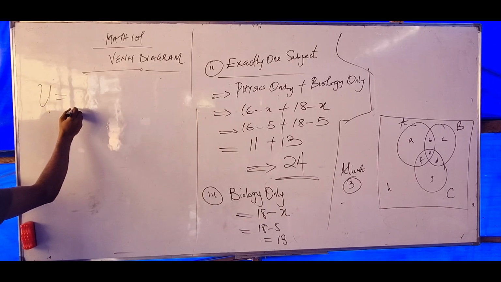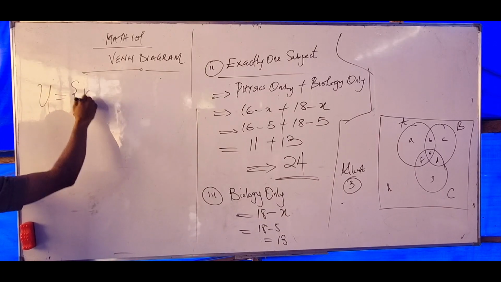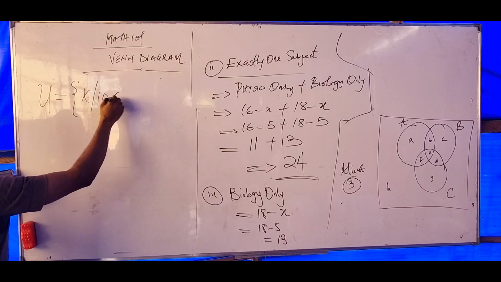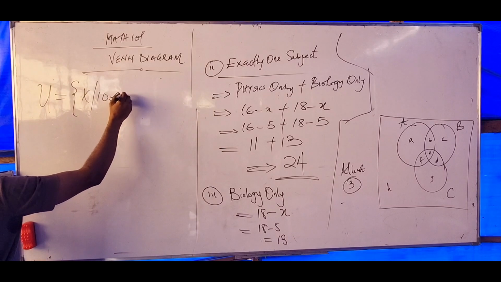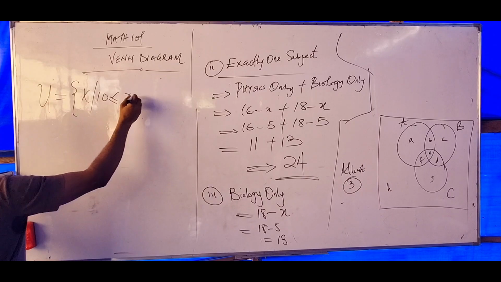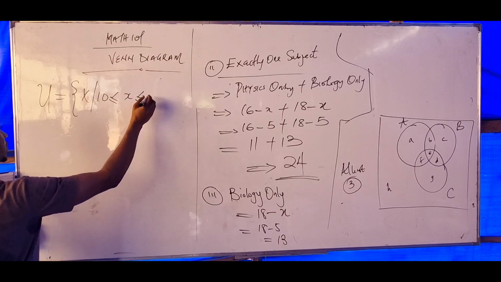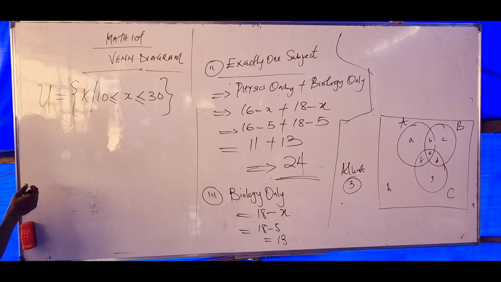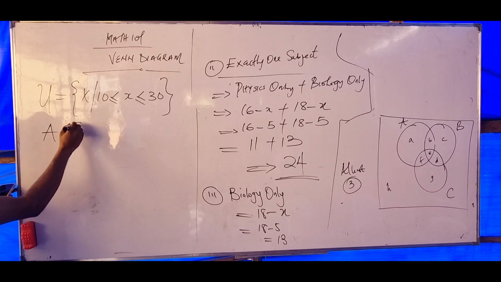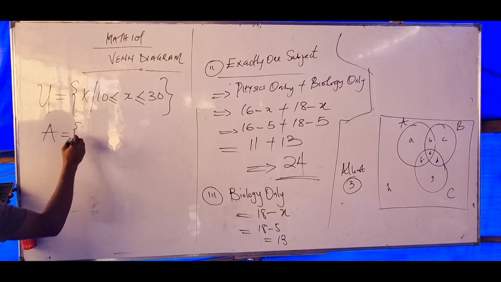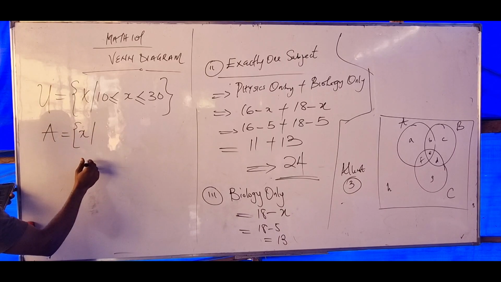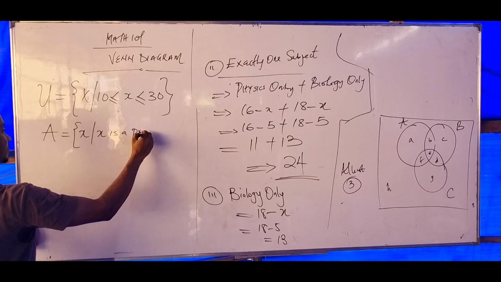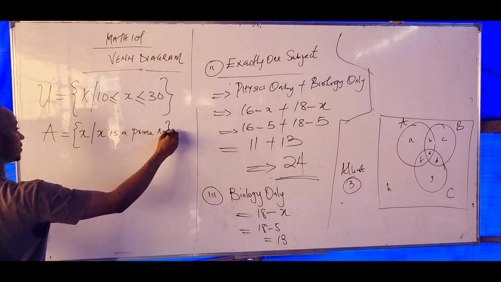Universal set is given as this: X is such that 10 is less than or equals to X less than or equals to 30. Subset A is X such that X is a prime number.